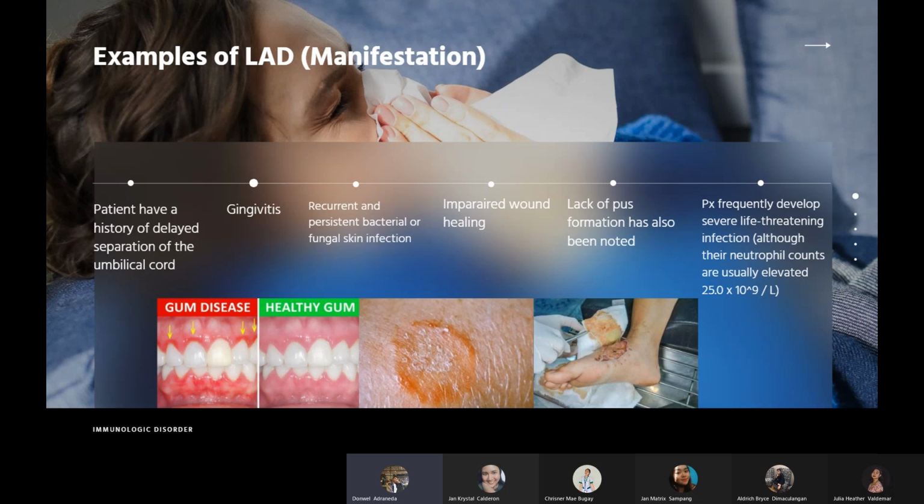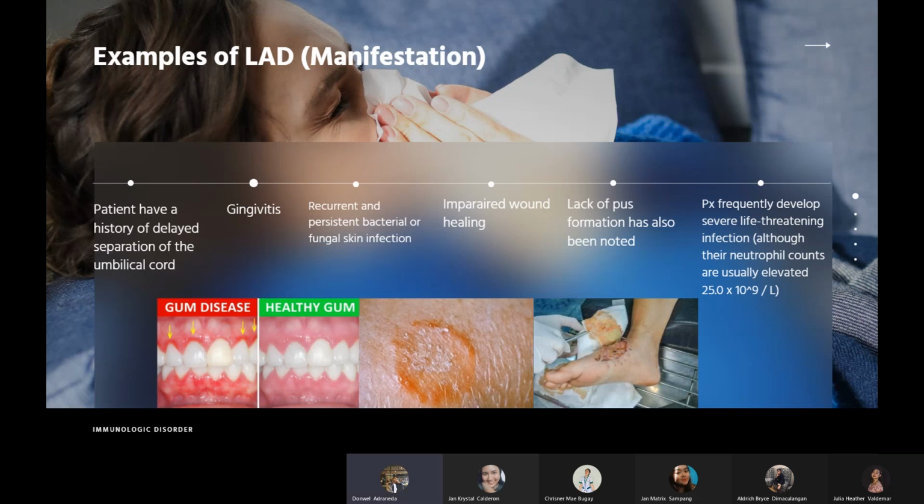So this is an example of LAD as well as its manifestations. First, patients have a history of delayed separation of the umbilical cord and gingivitis. As we can see here in the figure, the healthy gum and the gum with the disease. Third is recurrent and persistent bacterial or fungal skin infection.